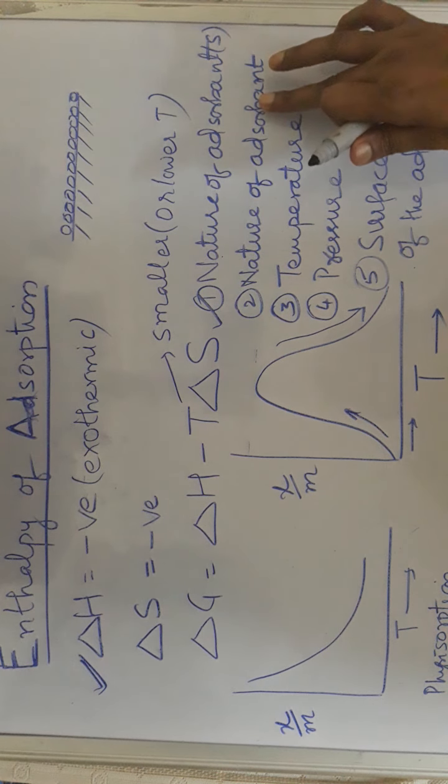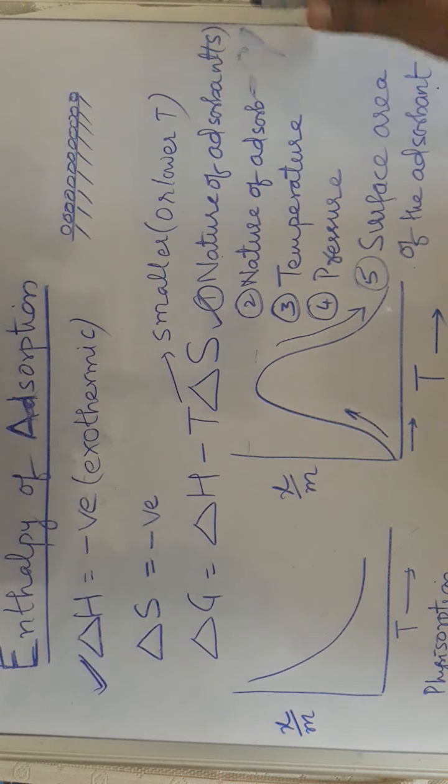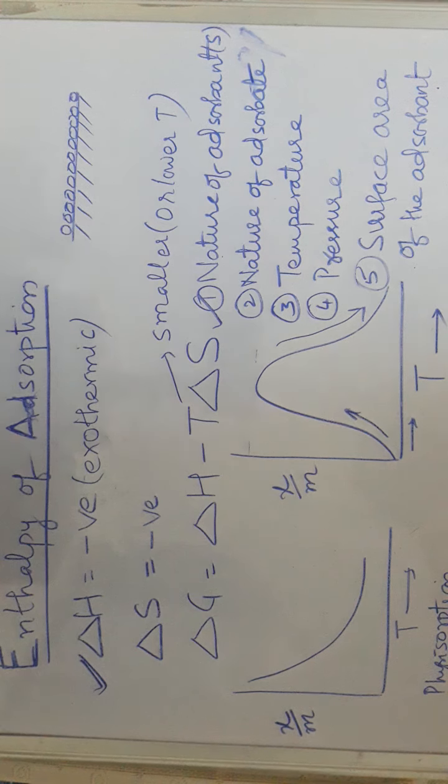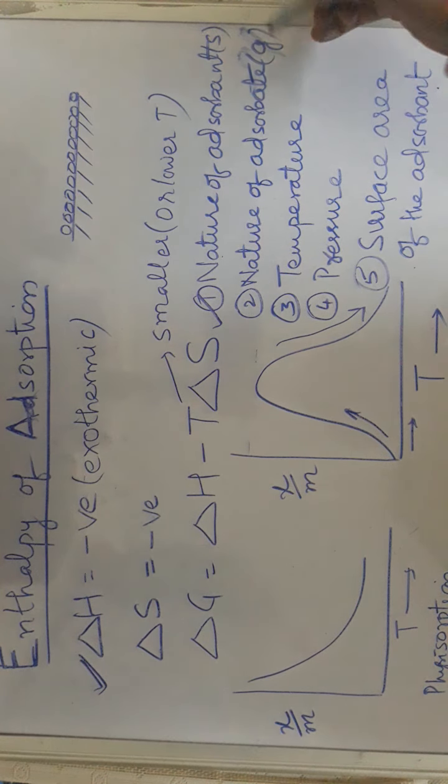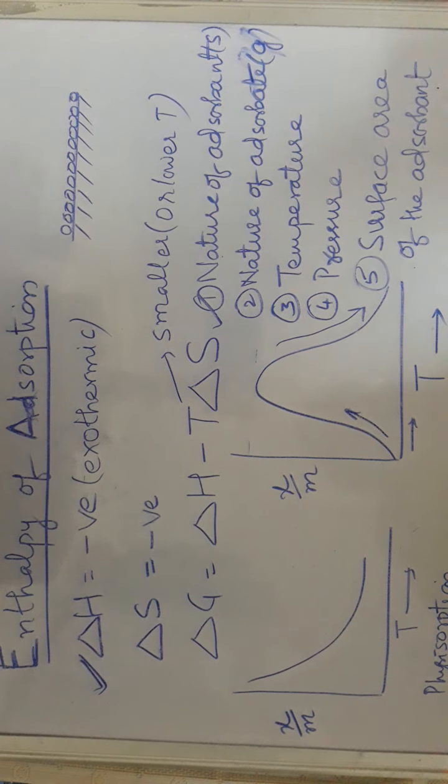The second factor is the nature of the adsorbate. Here you know that the adsorbate is a gas. Which gases have a larger extent of adsorption and which have less? Those gases which are easily liquefiable, or which can be compressed easily, have more extent of adsorption.